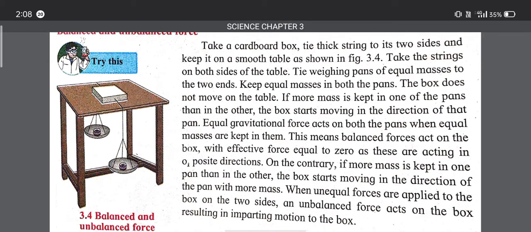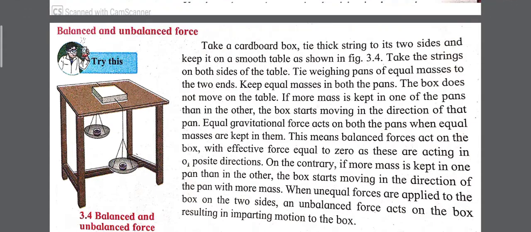So here is one activity regarding balanced and unbalanced force. Take a cardboard box, tie thick string to its two sides and keep it on a smooth table as shown in figure 3.4. Take those strings to both sides of the table.